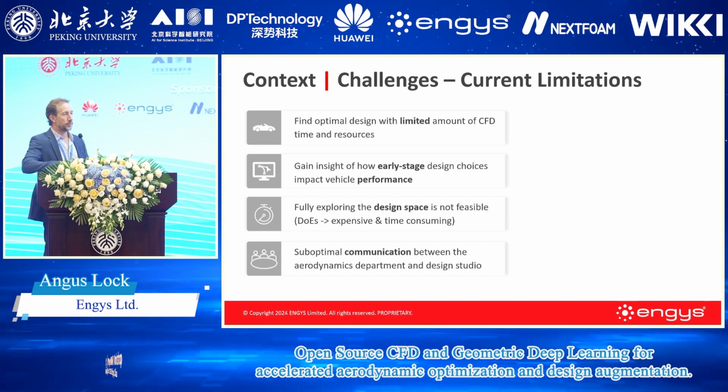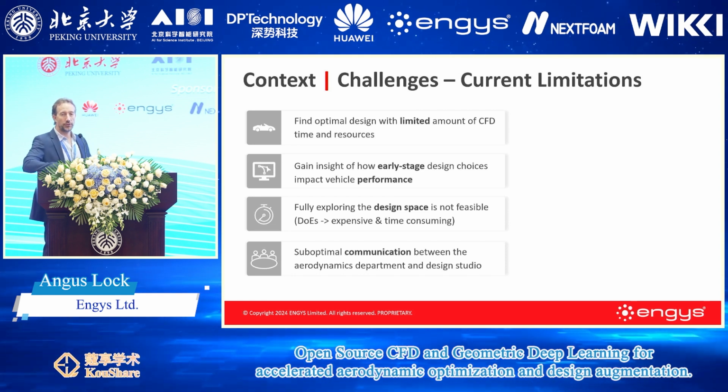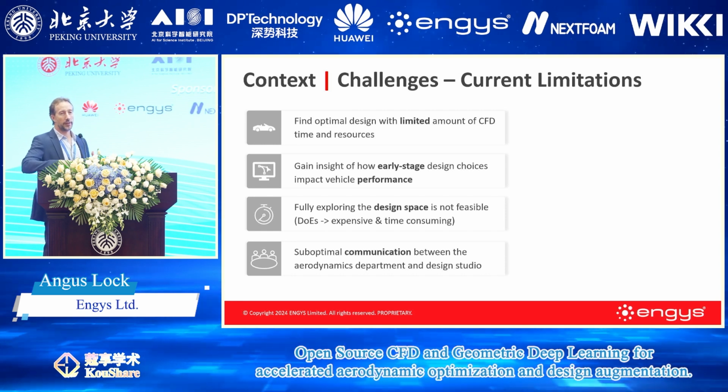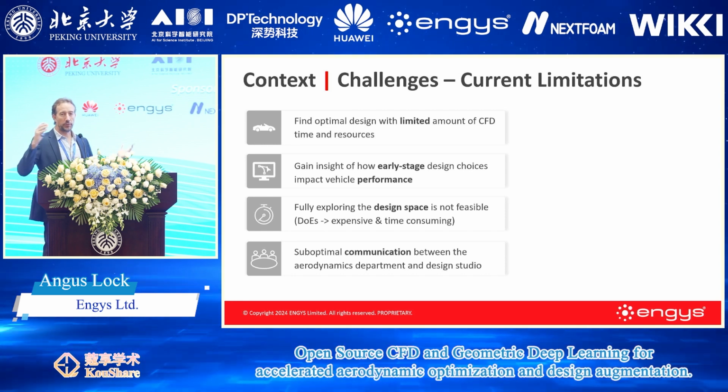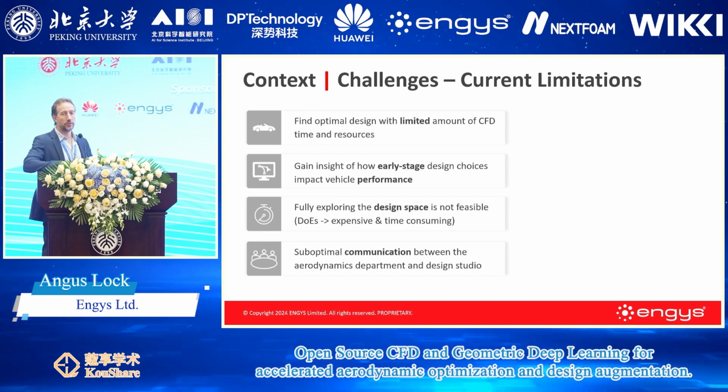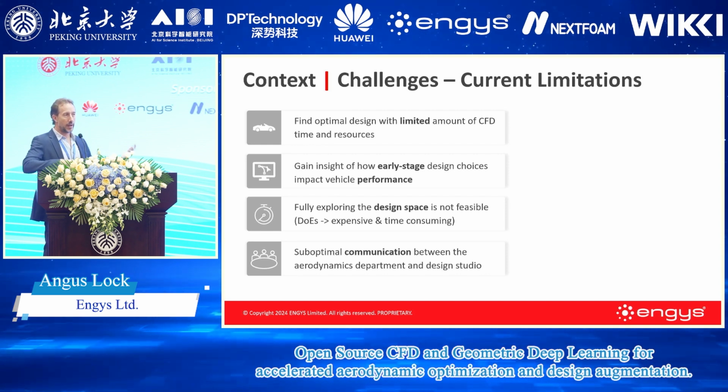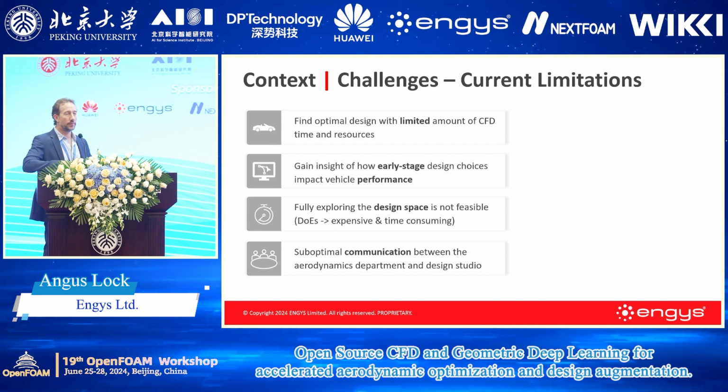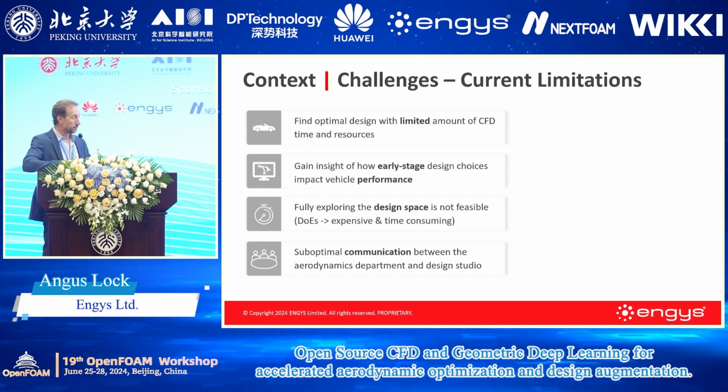Optimally, what we would like is an almost real-time conversation with the design studio so that we can come to a compromise. They're obviously looking to make a very beautiful vehicle and are focused on the aesthetics, and we need to work with them so that that still happens, but that we also deliver the aerodynamic performance targets.